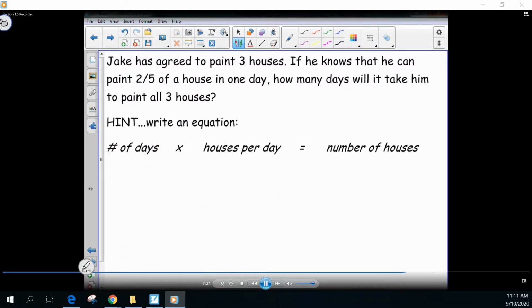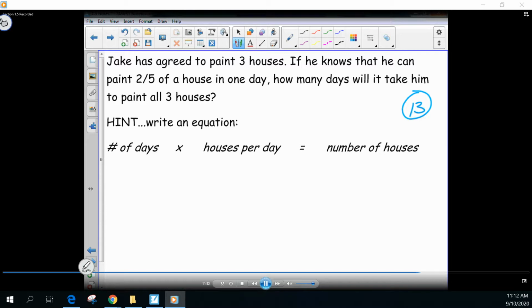Okay, number 13 is a word problem, so I'll let you read through that. Okay, so Jake has agreed to paint 3 houses.